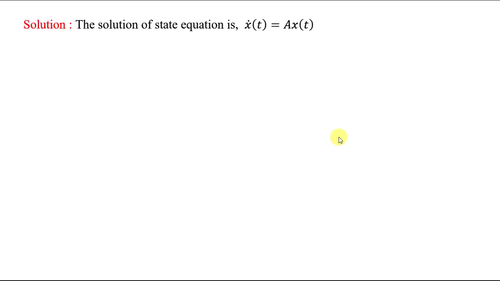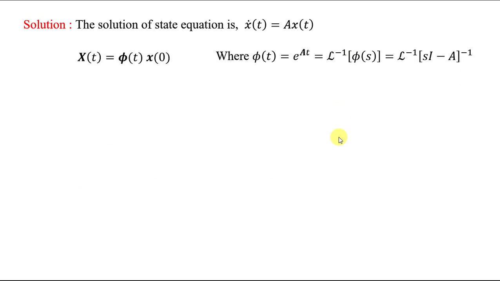The solution of the state equation, dx(t)/dt equals A x(t), is x(t) equals phi(t) x(0), where phi(t) is e^(At), or the inverse Laplace transformation of phi(s), or you may say the inverse Laplace transformation of (sI minus A) inverse.